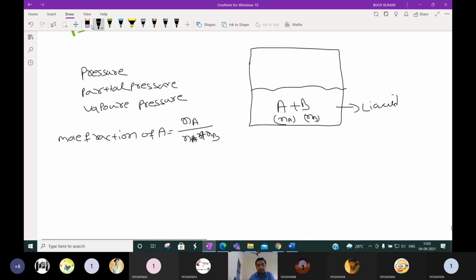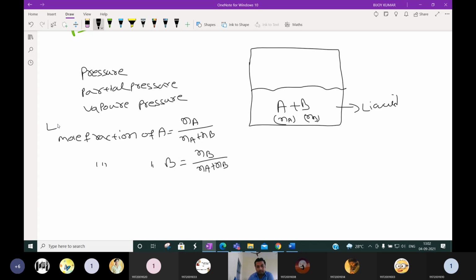Okay, you know these things. Similarly, the mole fraction of B is Nb by Na plus Nb. The individual mole by total mole.